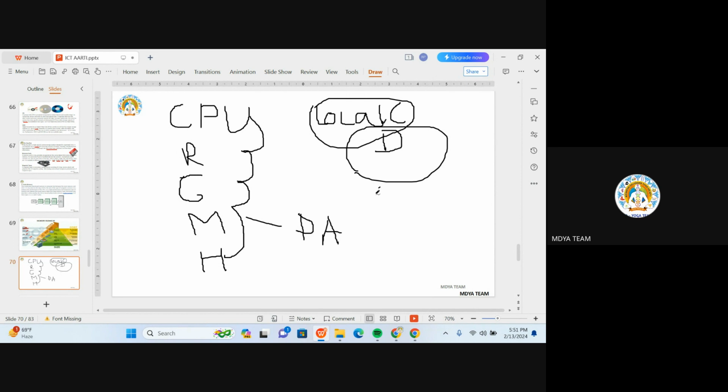When the question comes, what type of address does the CPU generate? The CPU generates a logical address, and that address goes to the secondary memory through register, cache, and memory. But when the program is executing in front of our screen, that address is called a physical address, because this is present in front of our eyes. That's why we call it a physical address. Got it? Please note down this point.